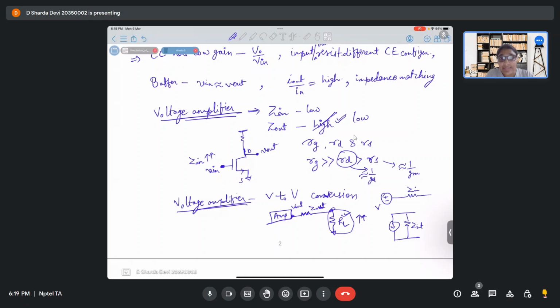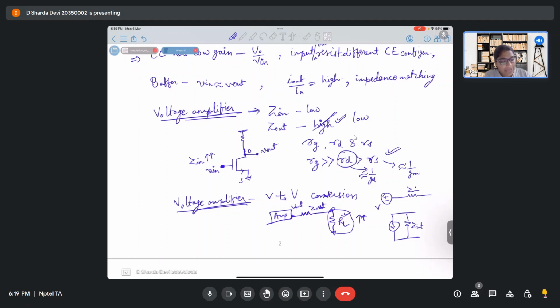Do you understand that? Yes, ma'am. है ना? So RG is technically infinite, but practically it's in hundreds of mega ohms. RD is in terms of 1 by GD, and GD is mostly in microsiemens, which makes it mega ohms. And GM is in millisiemens, which makes the source resistance in kilo ohms. So because of this trend, the drain resistance is higher.